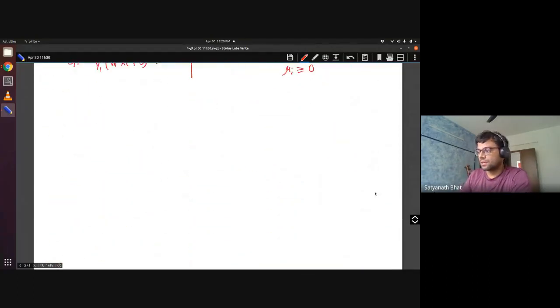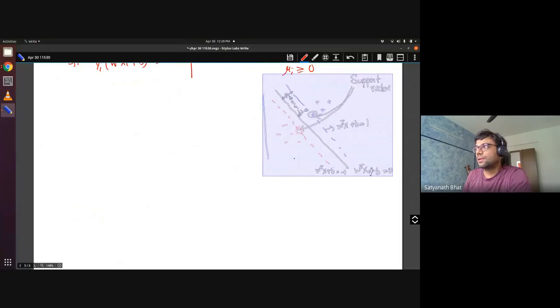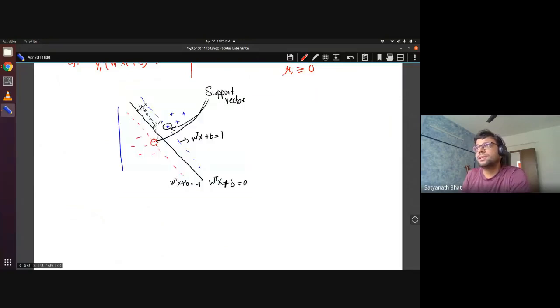Here what we are saying is there is no data point lying in this margin, so the data has to be linearly separable.